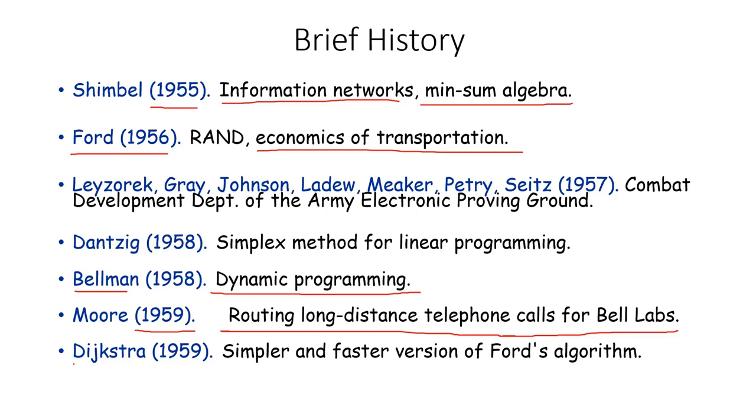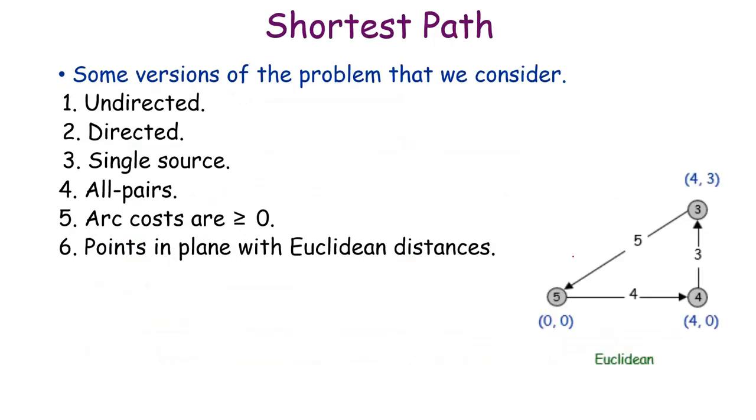Also in 1959, Dijkstra found a very simple and fast version of the algorithm. The shortest path can be applied, of course, not only on the directed graph. It can be applied on the undirected graph.